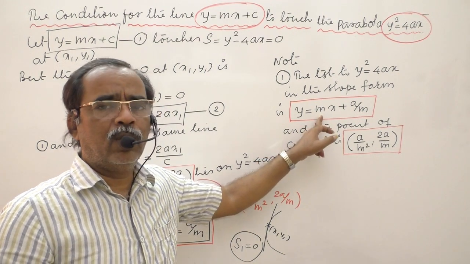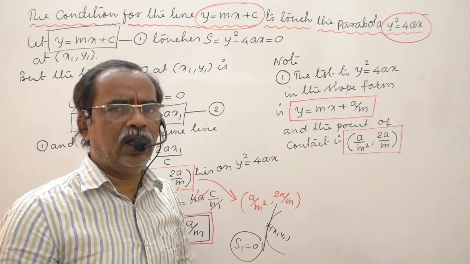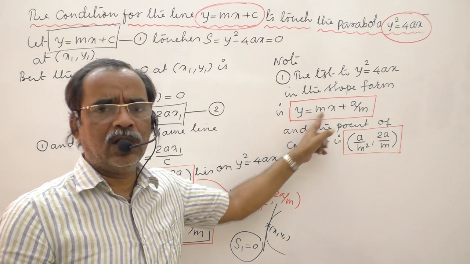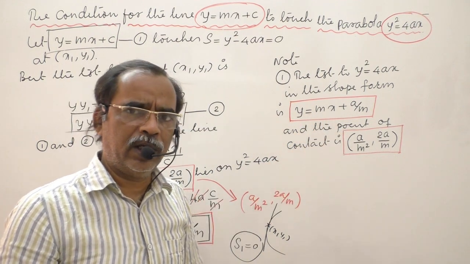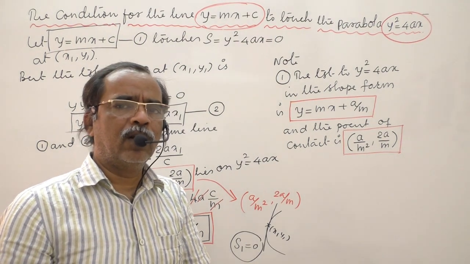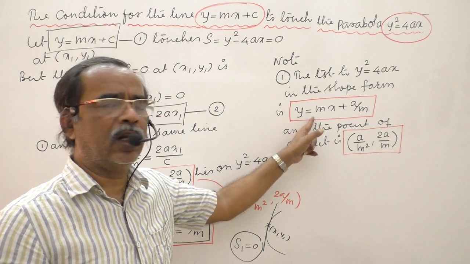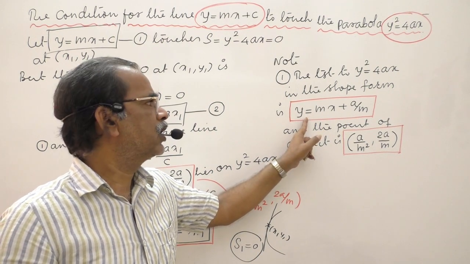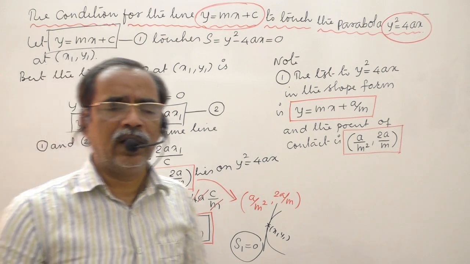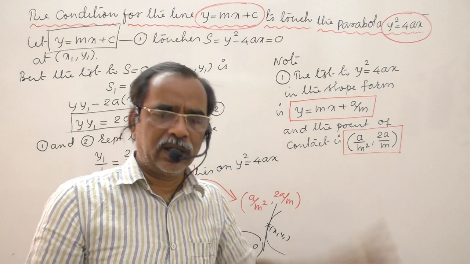This is applicable for all. Wherever the point is not given, we will take y = mx + a/m. For the remaining cases, this can be taken as a tangent, known as the tangent in the slope form, and this is the point of contact.